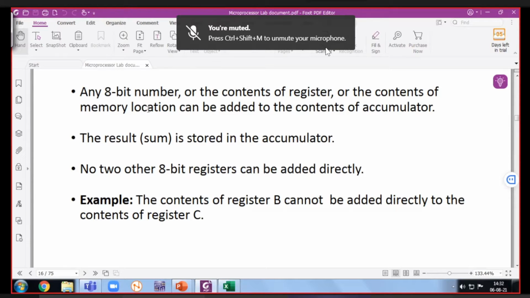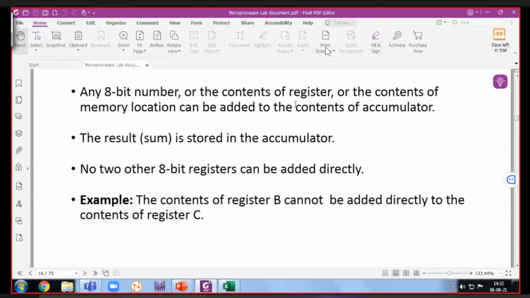Any 8-bit number or the contents of register or the contents of memory location can be added to the content of accumulator. Okay, because again I am saying one number must be in accumulator. तो एक नंबर accumulator में है, अब दूसरा नंबर कहाँ हो सकता है? Either in any register, single register, or at any memory location.